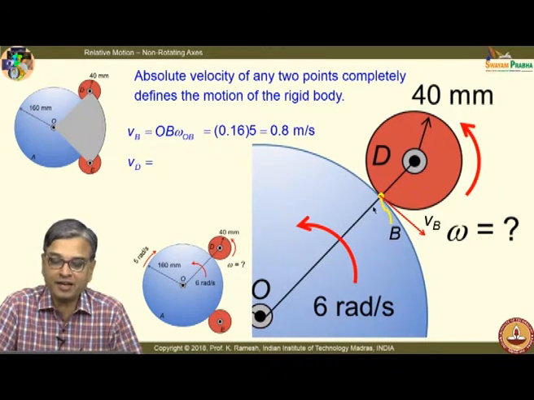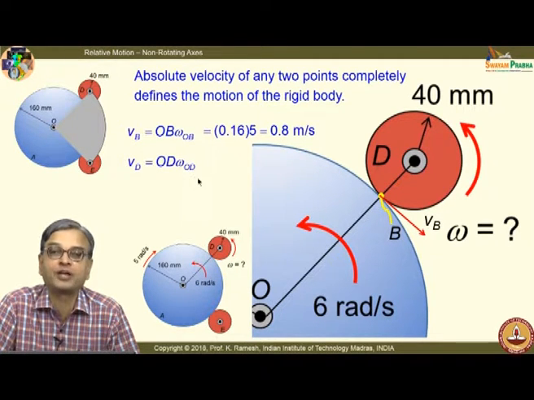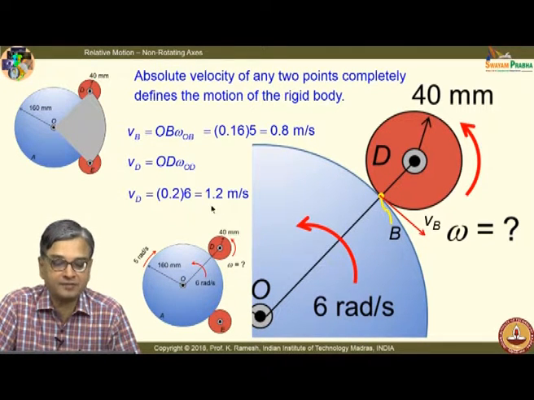For B, I can do it from the gear A. For point D, I look at the sector, which has a distance OD, and I need to know the angular velocity of this sector or the line OD, whichever way you say. So, I can write this as OD into omega OD. I know the velocity at D, which is 1.2 meters per second, and from the sense of rotation, I can put Vb like this, and Vd is like this.